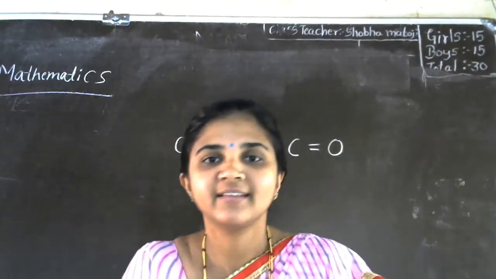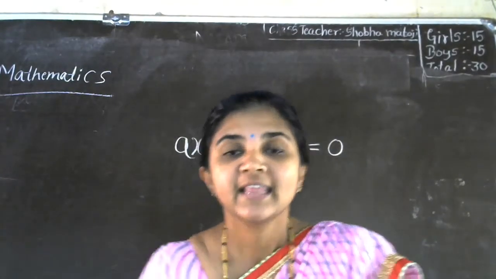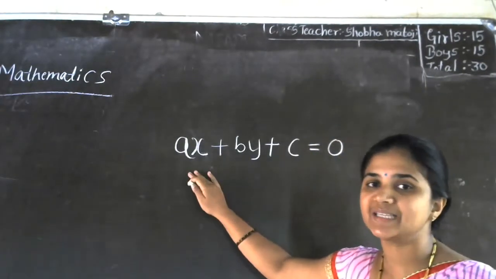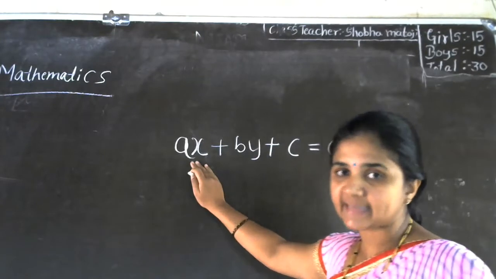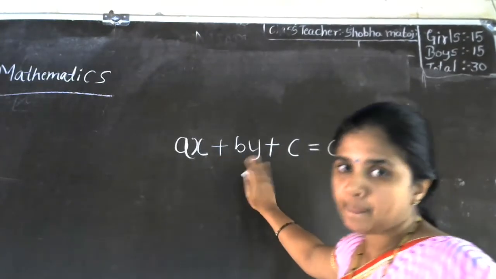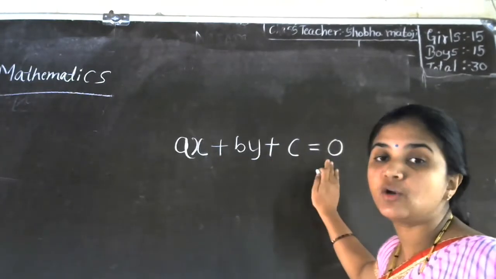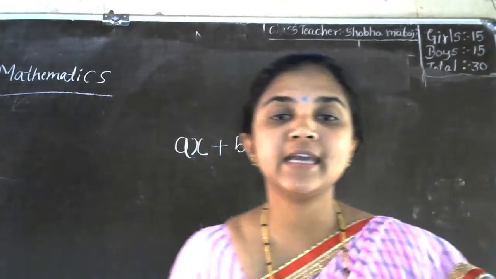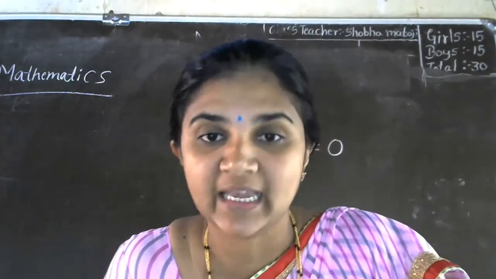I think you remember. The general form of linear equation looks like ax plus by plus c equal to 0. This is the standard form of linear equation in two variables.